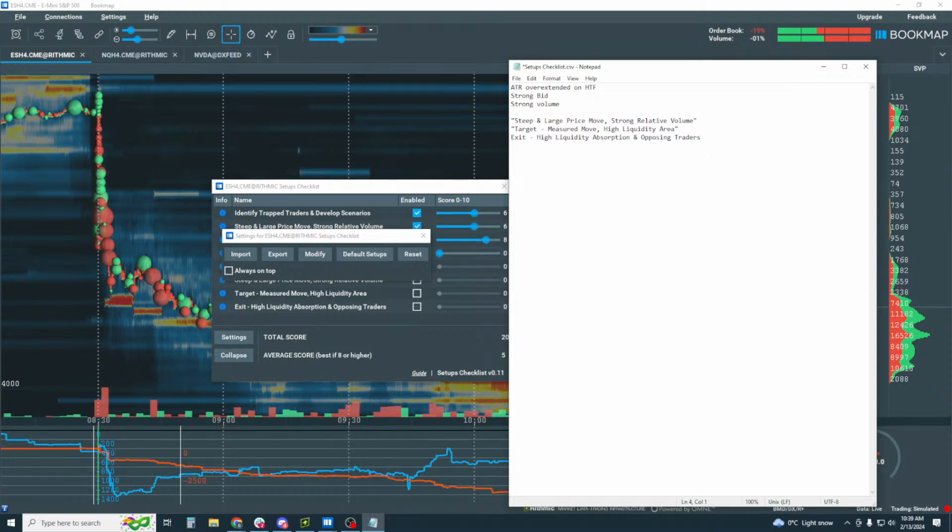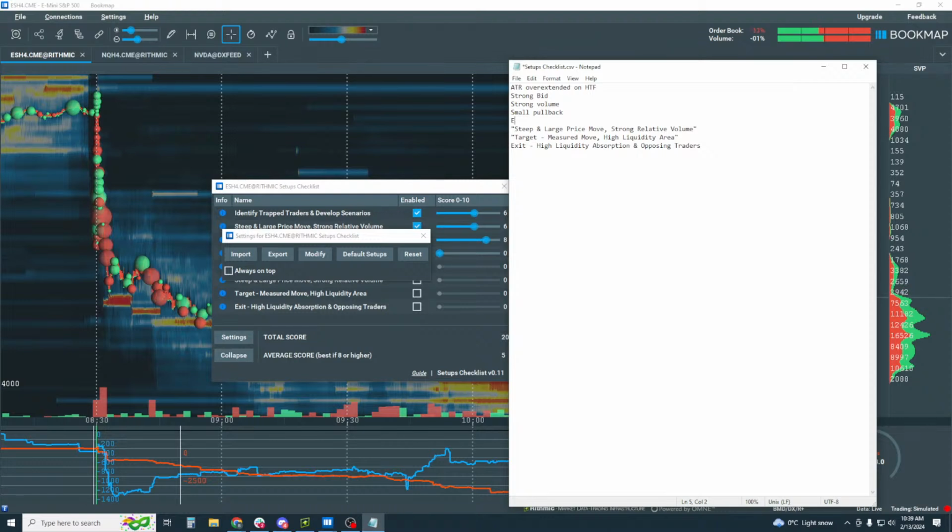And then we're looking for potential targets. Entry would be, we'd be looking for a bit of a pullback and buyers to come back in. A small pullback. And then we're looking for entry. Buyers come back in. And then take profit.